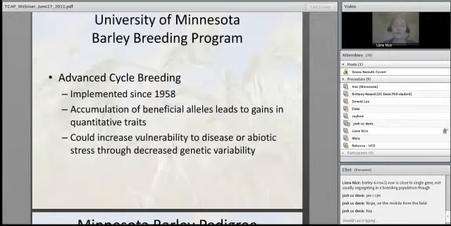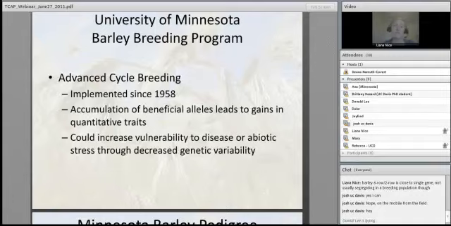So a little background about the University of Minnesota barley breeding program. Barley's been bred in Minnesota since the early 1900s, but in 1959 or 58, John Rasmussen took over the barley breeding program and started implementing the advanced cycle breeding process.